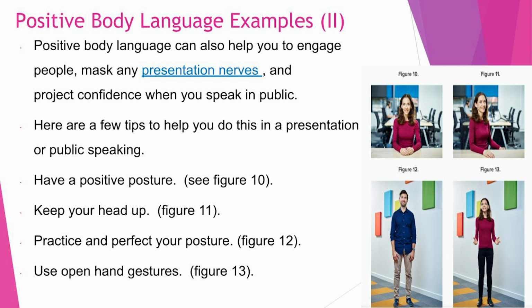Sit or stand upright, with your shoulders back and your arms unfolded by your sides or in front of you. Please see Figure 10. Don't be tempted to put your hands in your pocket or to slouch, as this will make you look disinterested.